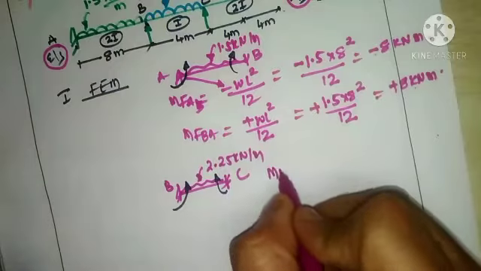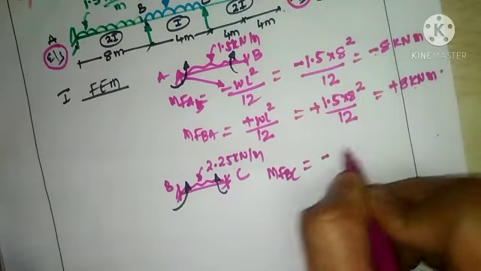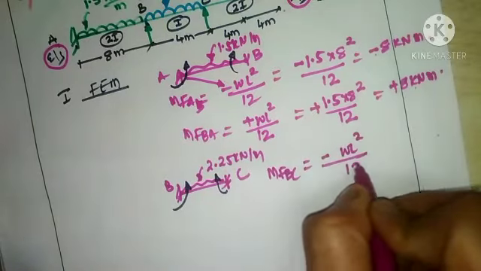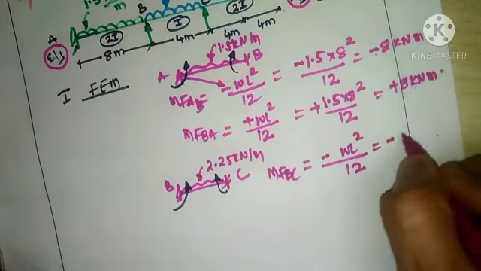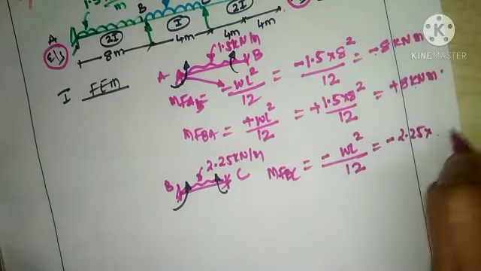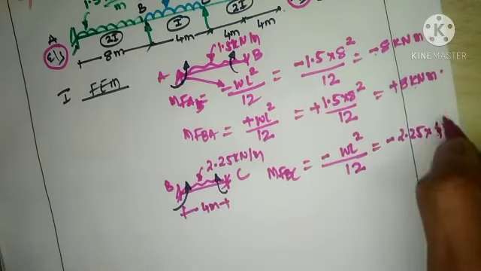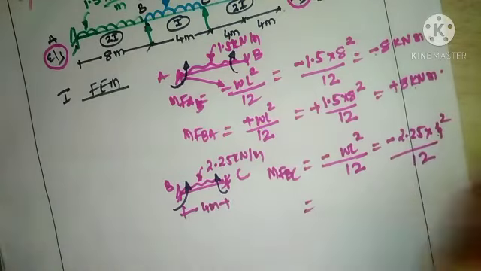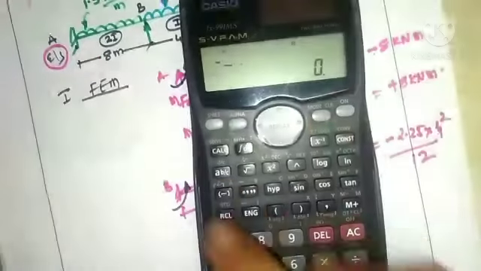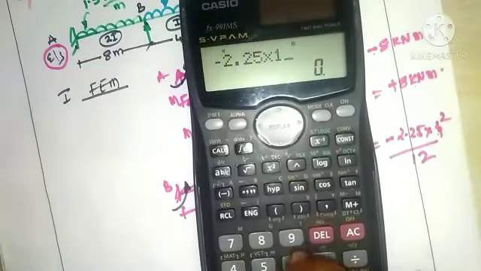So MFBC will be minus WL square divided by 12, which will be minus 2.25 into the total length of the beam, 4 meter, 4 square divided by 12. That is minus 2.25 into 16 divided by 12, which comes as minus 3 kilonewton meter.